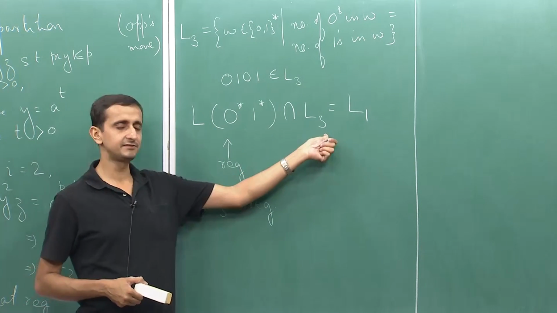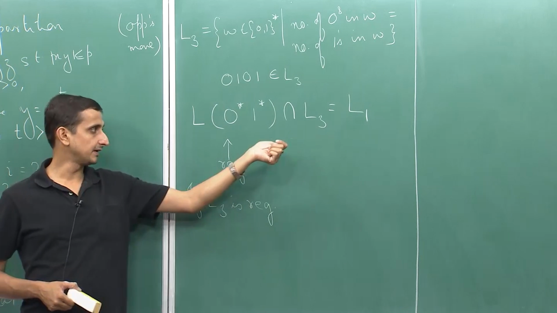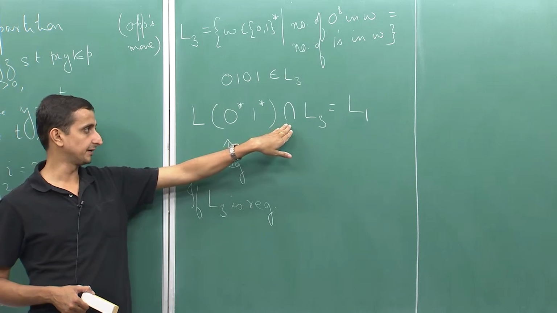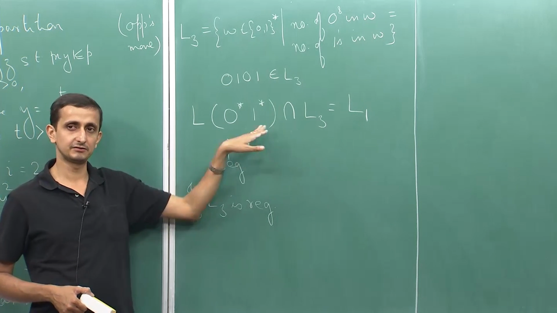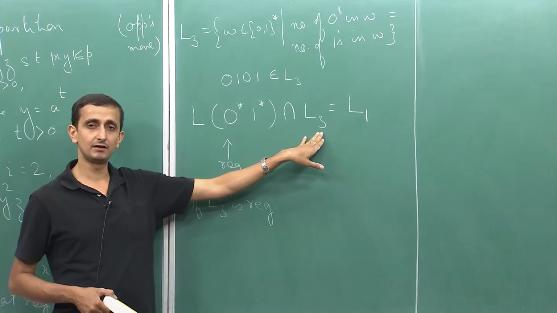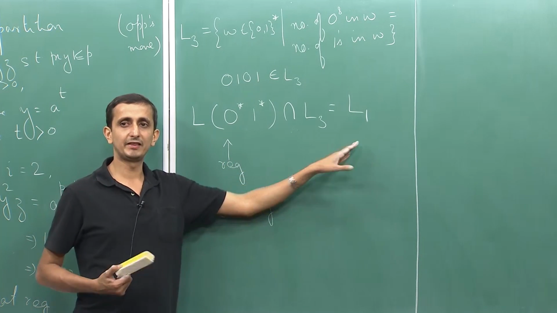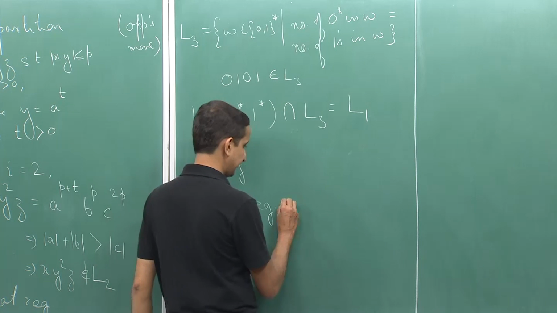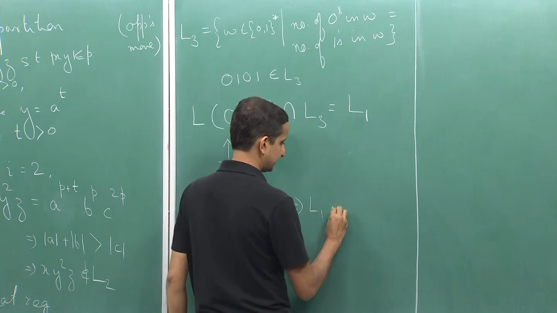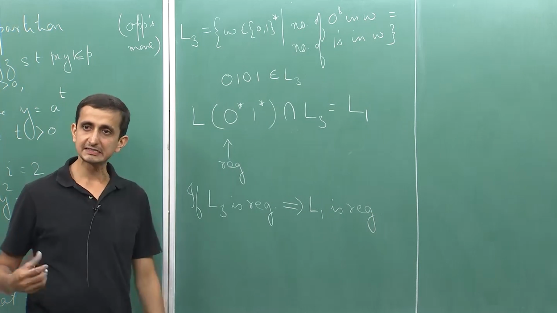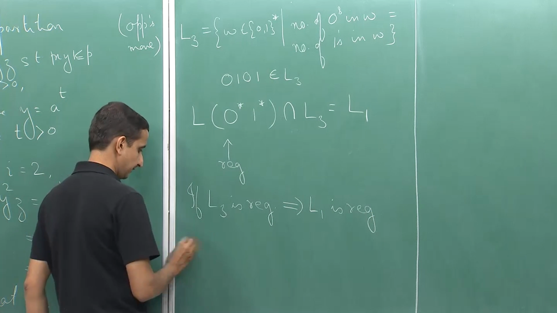If L3 is regular, then by the closure property of intersection, since regular languages are closed under intersection, this one is regular and this one is regular, so the intersection of these two would also be regular. But that is not the case. So, if L3 is regular, then it implies that L1 is regular, but we have already seen earlier that L1 is not regular.